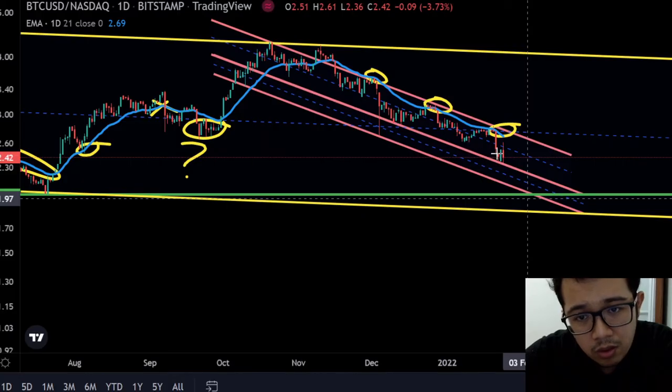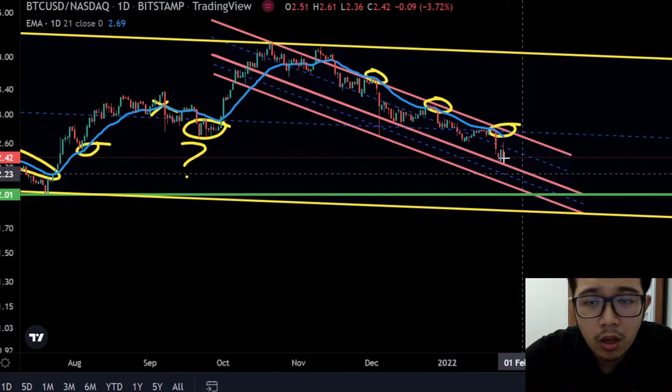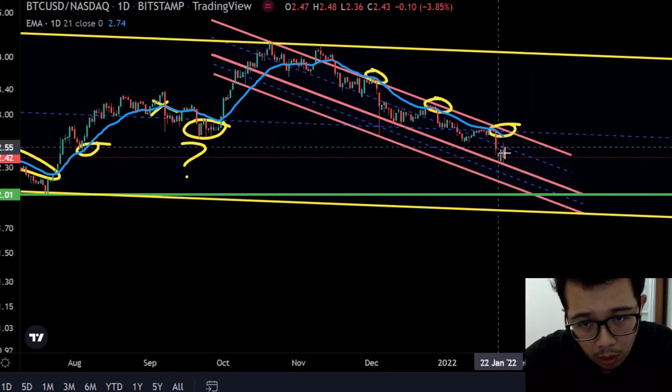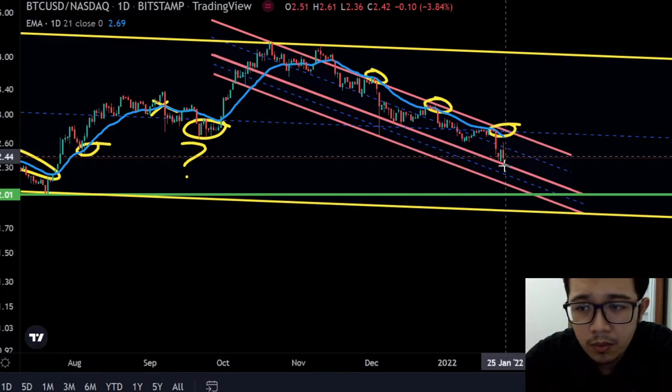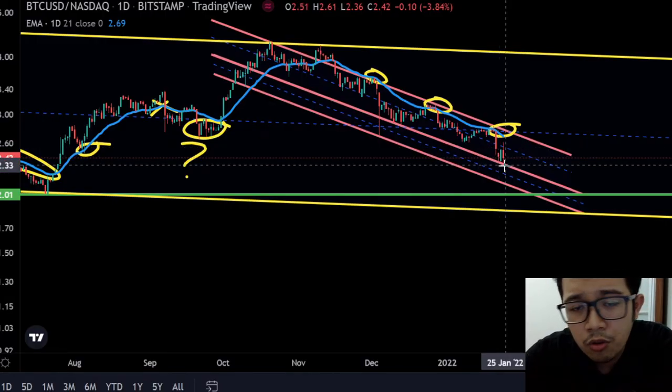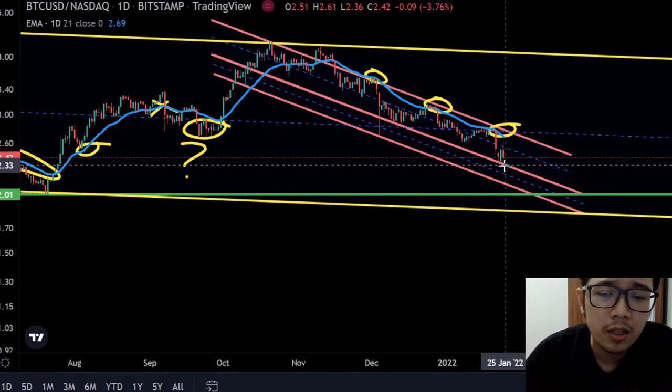This is a very strong support, and yesterday we went up, today we are going down again, but let's see. Actually, in a downtrend, there is always some minor up and down. But the general idea in quarter one, I'm still optimistic that Bitcoin is still in the downtrend at least. But hopefully I'm wrong, because I really love that you guys can make money from Bitcoin.